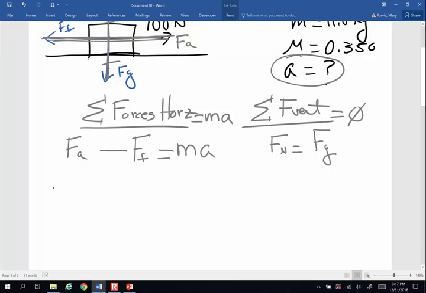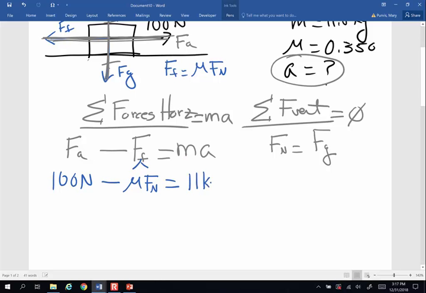So force applied I know is 100 newtons. They told me that in the problem. Friction force, I'm not told friction force, but I know friction force is mu times normal force. So I'm going to replace friction force with mu times normal force. And that's going to make my mass, I was told it's 11 kilograms, accelerate.